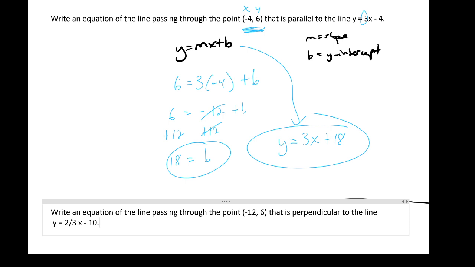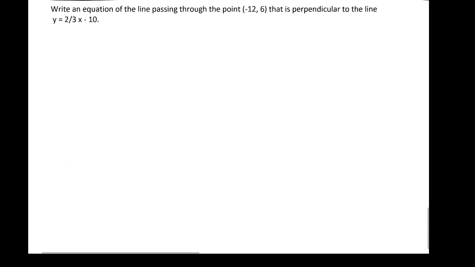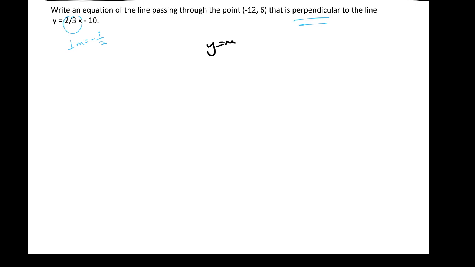All right. Sometimes when we steal parts, we have to modify them a little bit, okay? So this is going to be our stolen slope here, but our perpendicular slope is going to be negative 3 over 2, not just positive 2/3, okay? Again, we're doing a perpendicular line. So, of course, y is equal to mx plus b, okay?